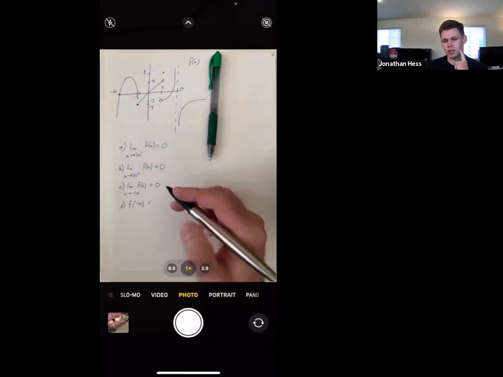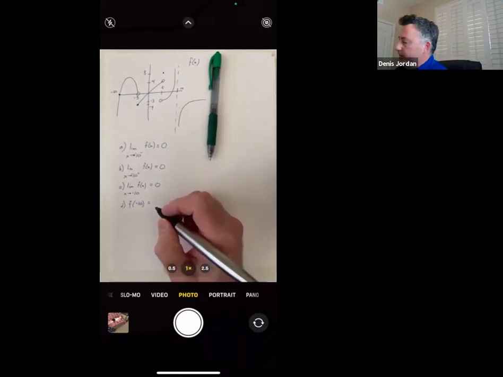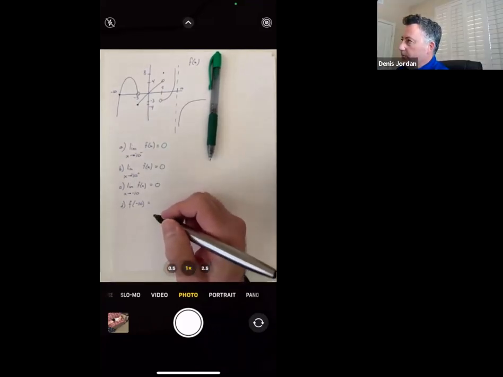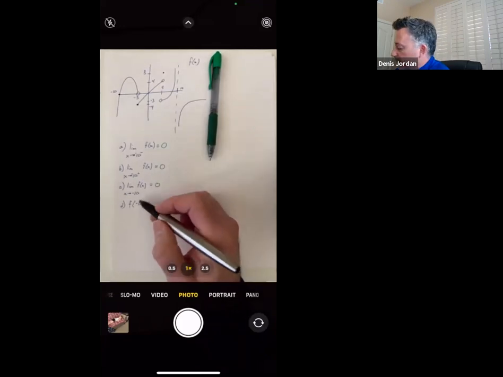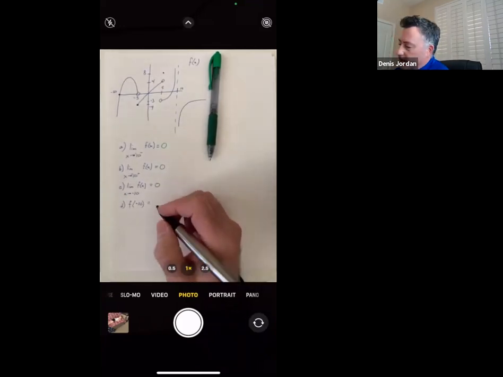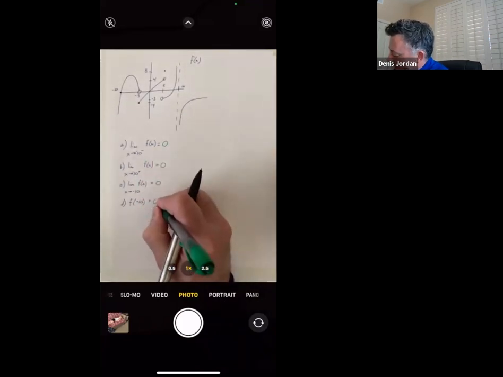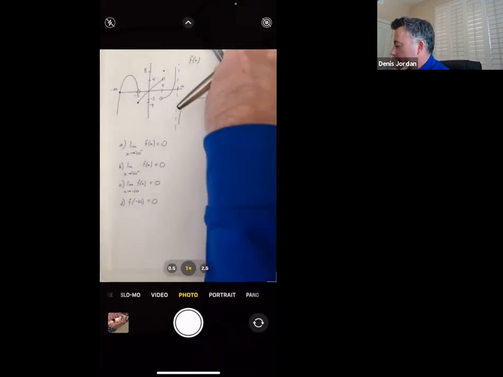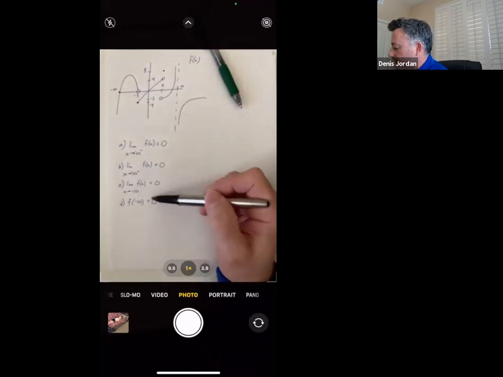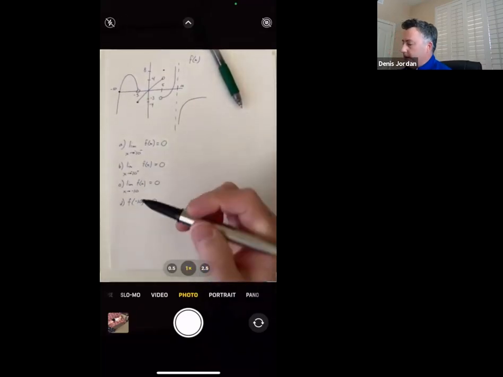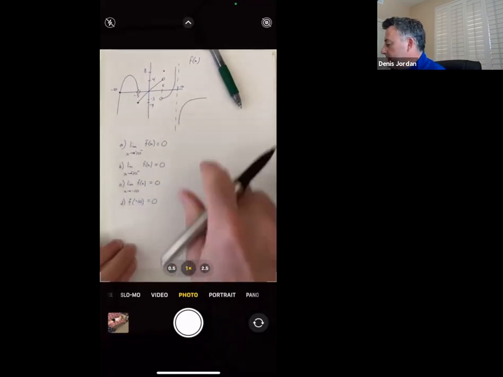So that's also 0. When it's asking for the function value, it's really saying, okay, when x is actually negative 10, what's the y value that goes with it? So in that case, it is also 0. So here the function value is the same as the limit value, but that is not always true. Sometimes they're different.